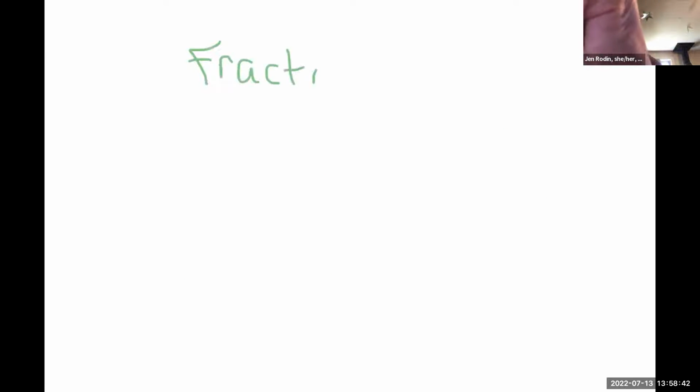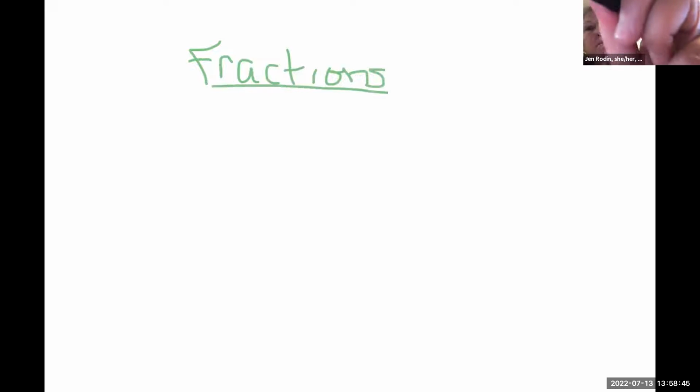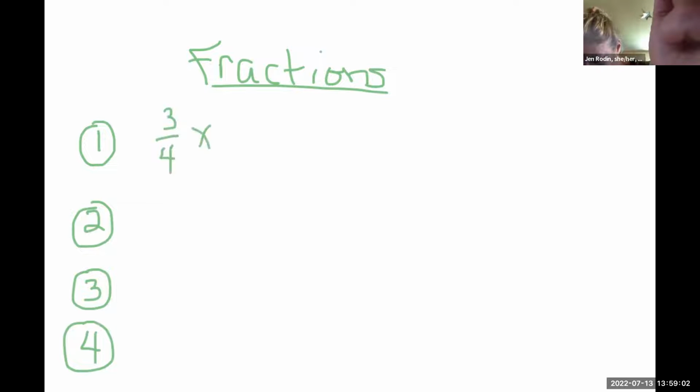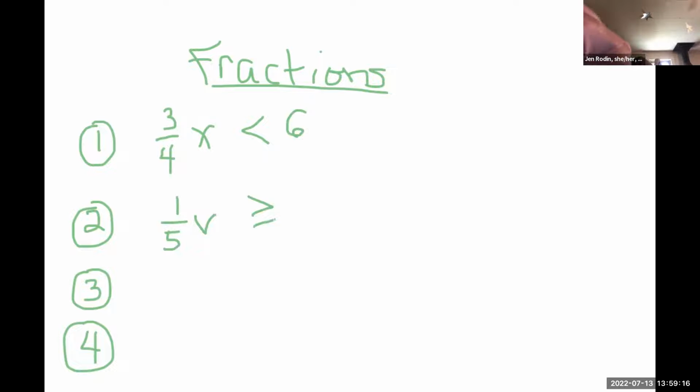Okay, let's do a couple with fractions. Let me just put them up here. None of that negative business now, let's just focus on some fractions. 3/4 x is less than 6, and 1/5 b is greater than or equal to -2.